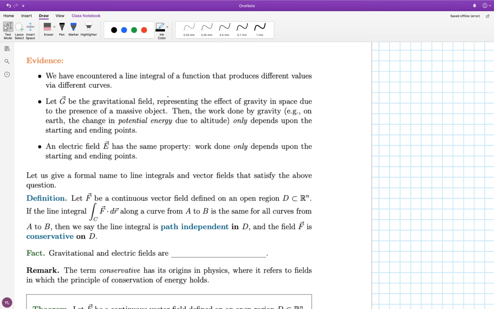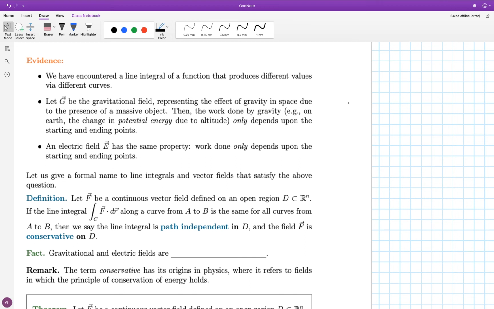So there are line integrals of vector fields that produce different values connecting points depending on which curve you take. That's the observation I just made. But if you take a look in section 16.1, the book discusses gravitational fields and also electrical fields. These are types of force fields that, when you compute the work done in moving an object from one point to another, turn out to be path independent.